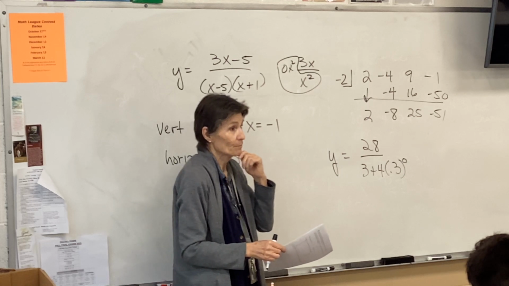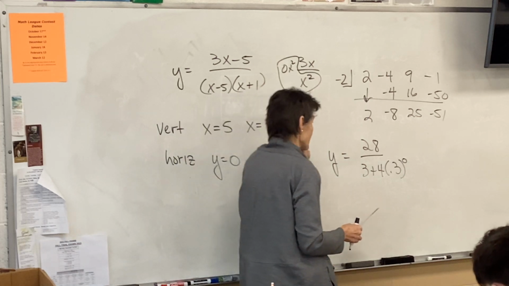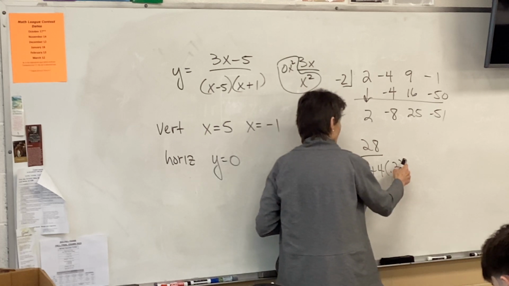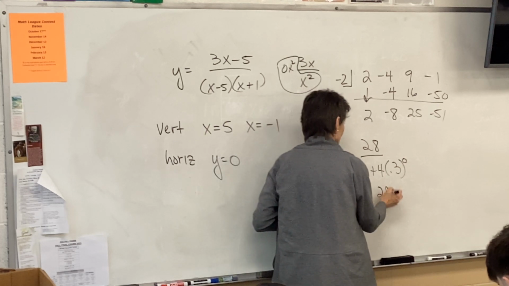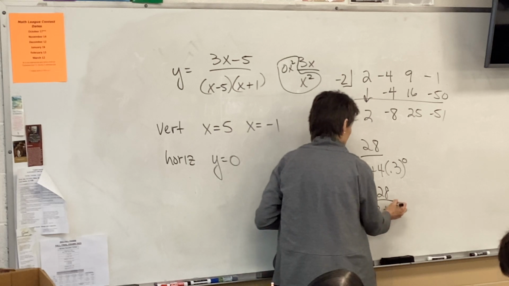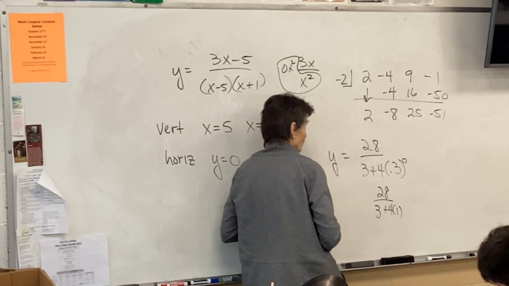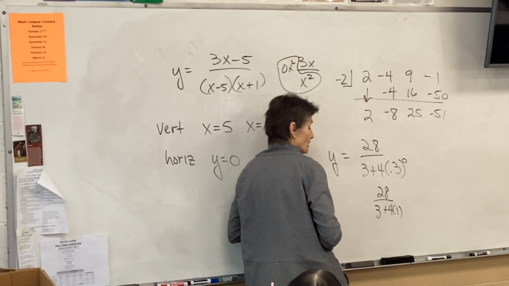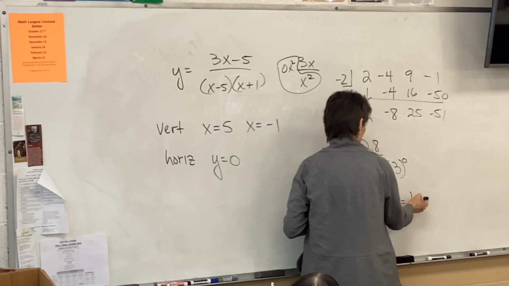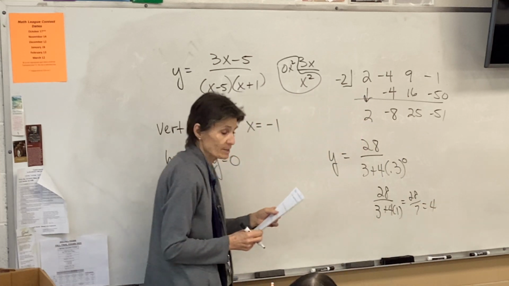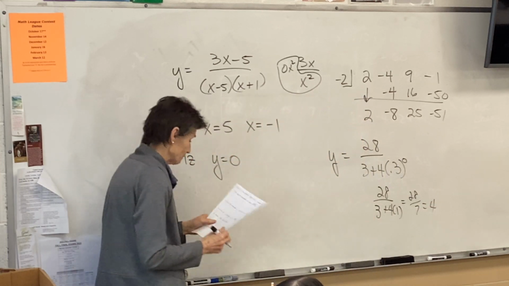You ought to be able to know what to do with most of them. Okay, here we go. What's 3 to the zero? 1. So that's just 1. So I have 28 over 3 plus 4. So that's 28 over 7. So my y-intercept is 4.